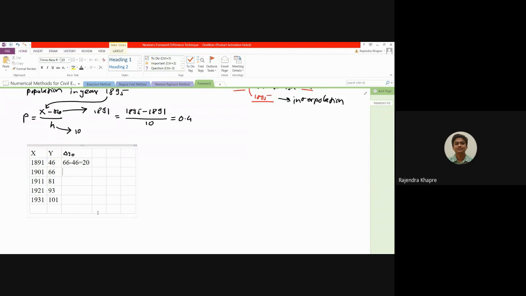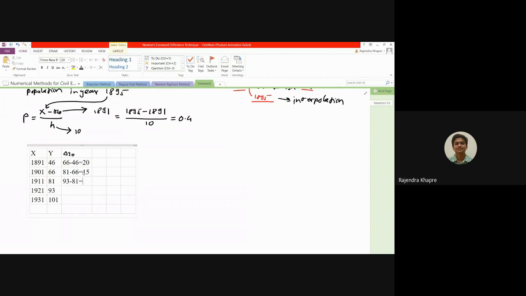If you refer to the next value, this will be 81 minus 66. 81 is the next year's value, and 66 is the current year value. How much is 81 minus 66? Somebody please calculate. 15. Similarly, over here this will be 93 minus 81.